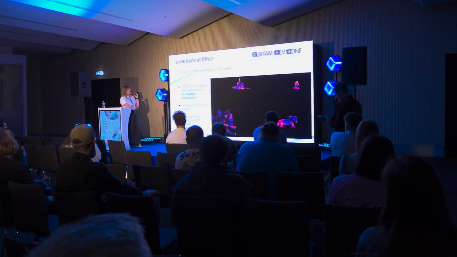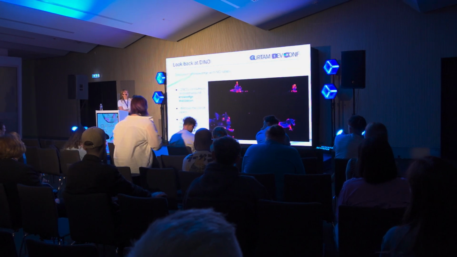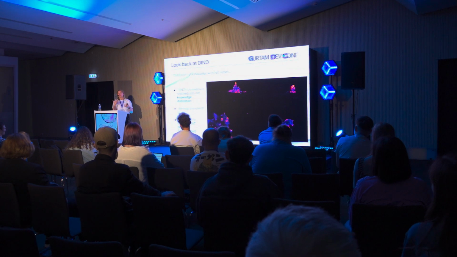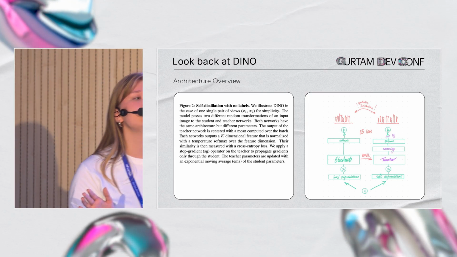Of course, there are some challenges to replicate an experiment from NLP in computer vision and vice versa, but we won't dig into them today. So they decided to take vision transformers, and they also decided to use self-supervision, which is an approach in computer vision where you don't use any labels. And they got the Dino method.